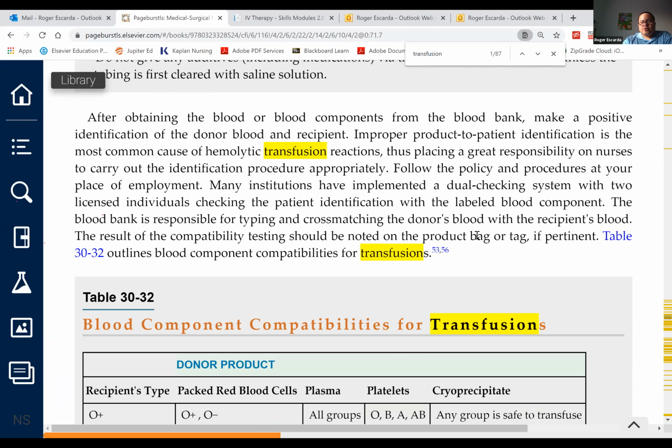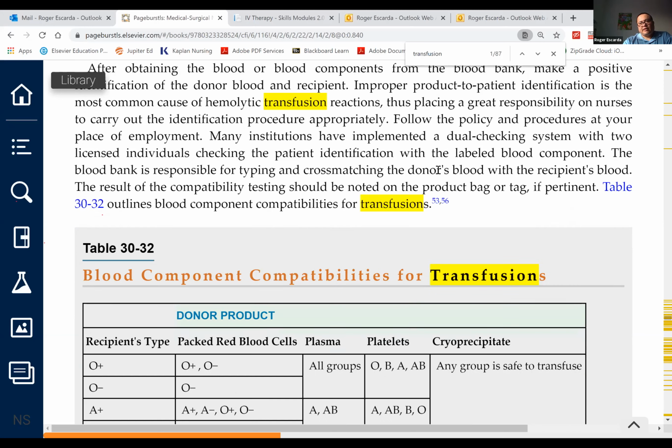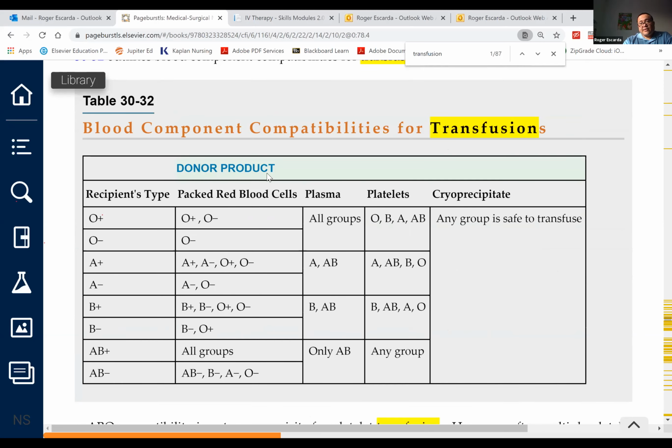As soon as you get the order, first thing you do, of course, is check for consent. Or if there's no consent signed yet, ask for consent from your patient. Because once they say no, then there's no need to proceed further, right? So the first thing you do again after you get an order to transfuse is to talk to the patient, ask for consent, and then you can proceed with drawing blood for typing and cross-matching and all that. This is very testable.